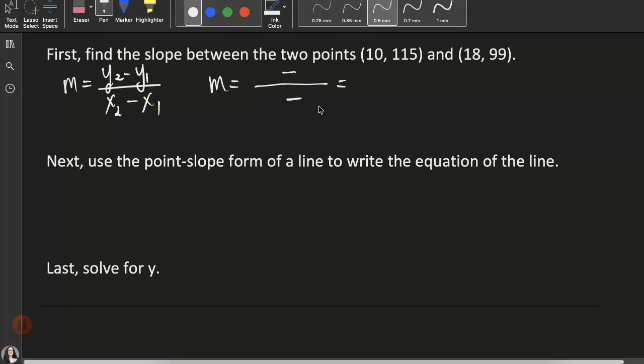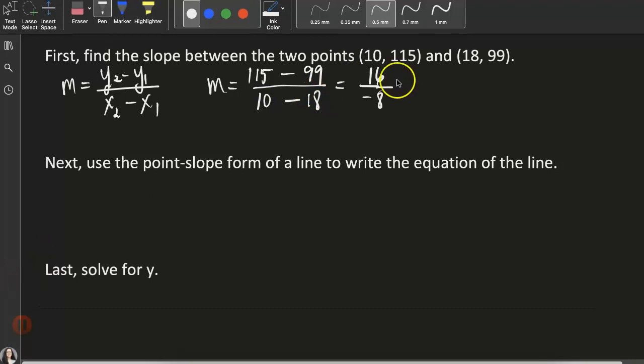So let's substitute in those values, and calculate. So we find those two differences. Then last thing we do is divide, and we should get that the slope between these 2 points is -2.